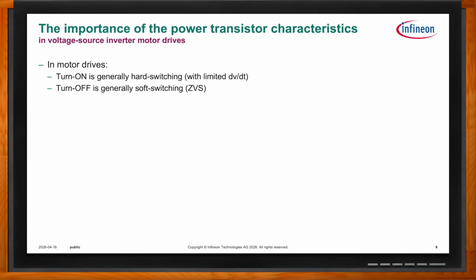There are losses associated with that, turn-on losses. And in some cases, you have to limit the DVDT, meaning that you have to slow down the switching, which can incur additional loss. I'll just mention here that that's mostly with higher voltage machines, like line-powered stuff where you have 300 or 400 volt bus or higher.